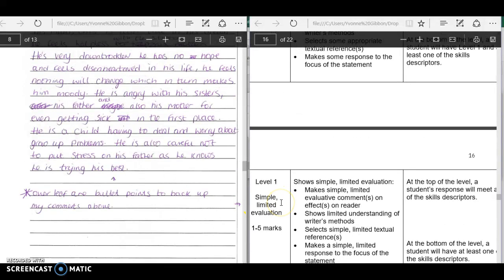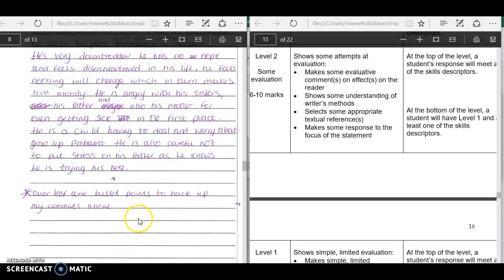So looking at the mark scheme, make simple, limited and evaluative comments on the reader. Well, you do make some evaluative comments, so it's possible that that one could come under level 2. I'm a little bit concerned because a lot of it isn't relevant.